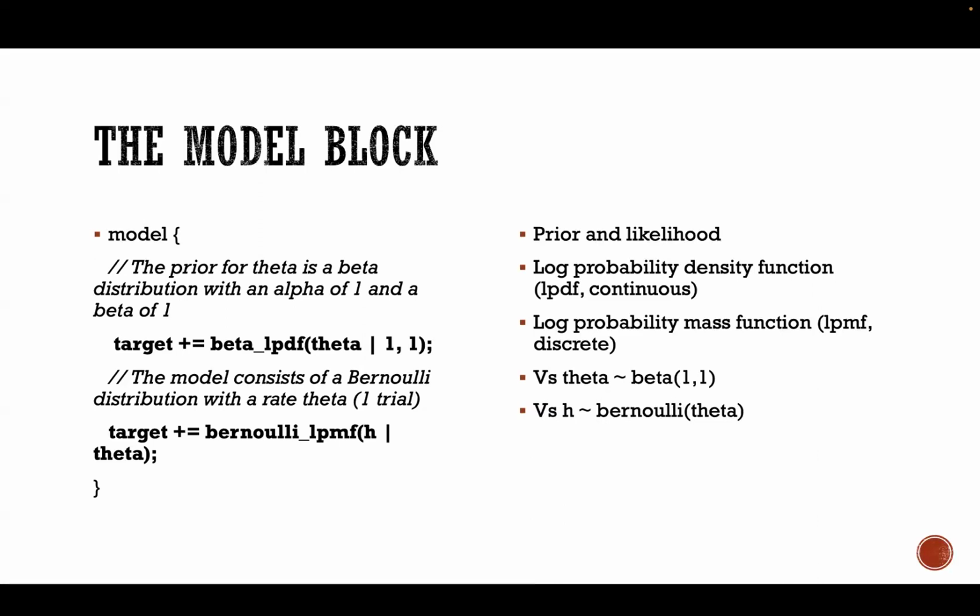And it says that there is a Bernoulli distribution with a rate of theta. Bernoulli underscore log probability mass function, because it generates 0s and 1s, where H is generated from the parameter theta. I know this is not the most fun part of programming, but we can understand what goes on, so that actually enables you to program more fun stuff. Good. Any questions on this?